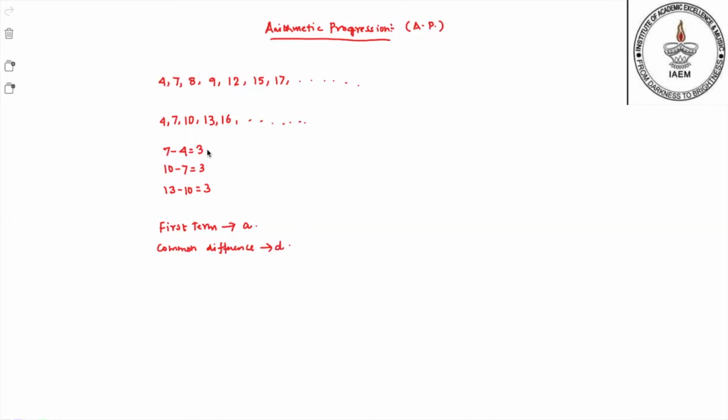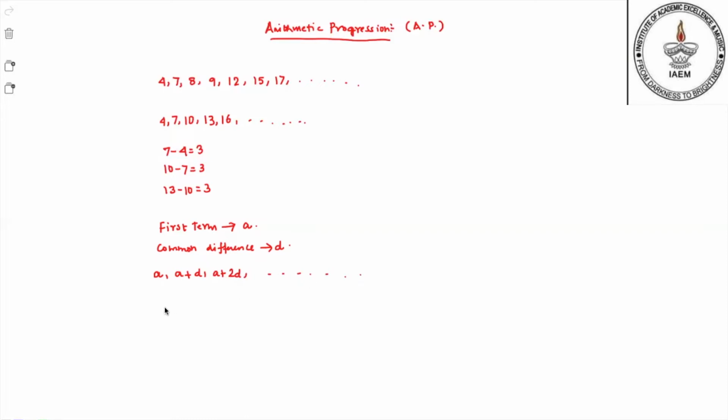Because the difference between two consecutive terms is the same. That is why it is being called a common difference, and it is being attributed as d. Then we can say the first term is a, next term would be a plus d. The term next to that will be a plus 2d, and so on and so forth.